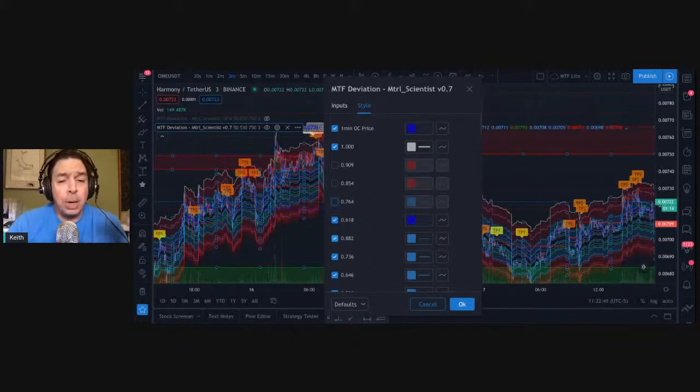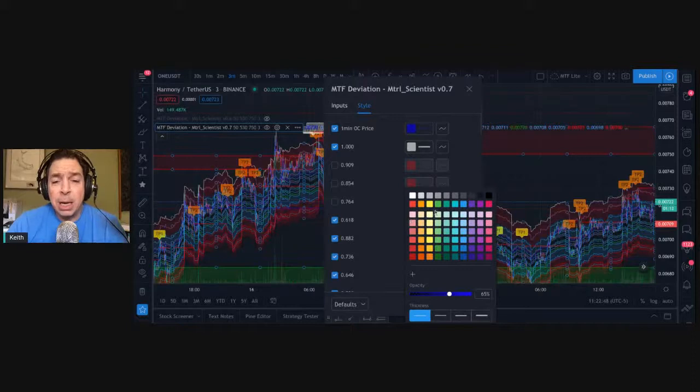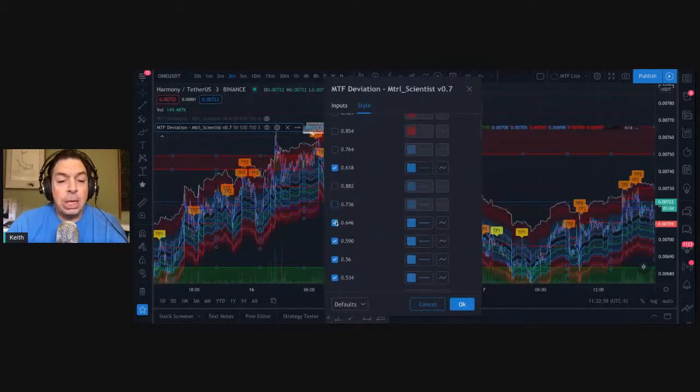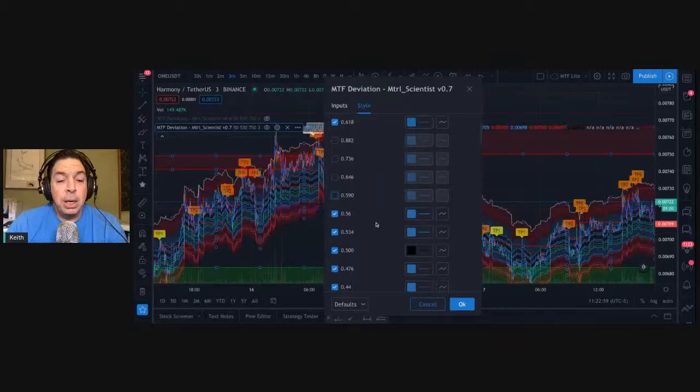So I keep that one engaged, and I'm going to make it a lighter blue so I see it a little bit better. And I'm going to continue to click away the ones that I don't want to see, just again, to give myself a cleaner looking chart.